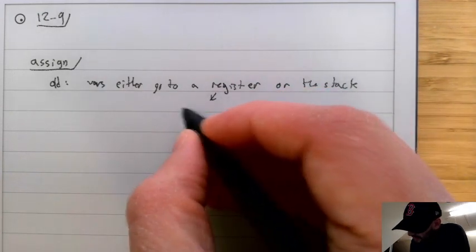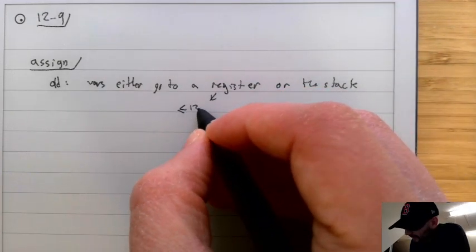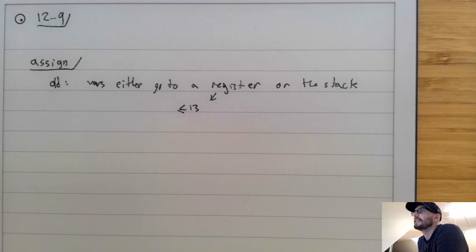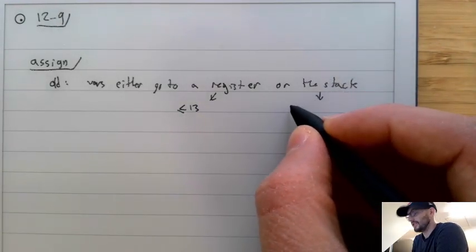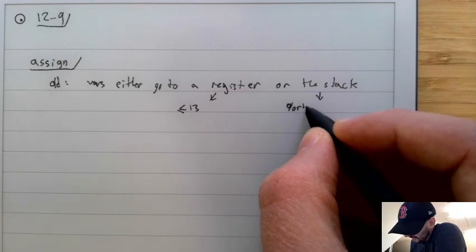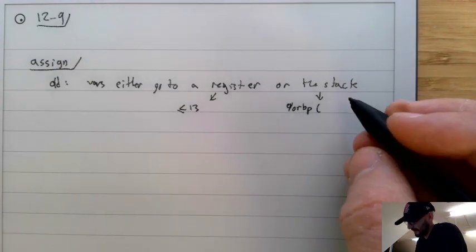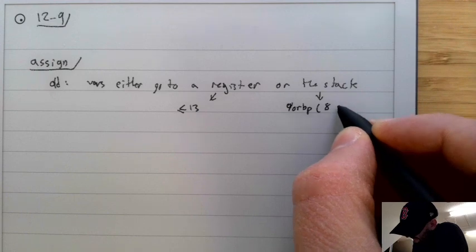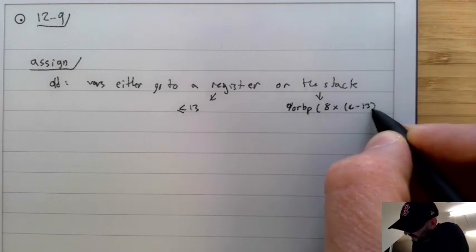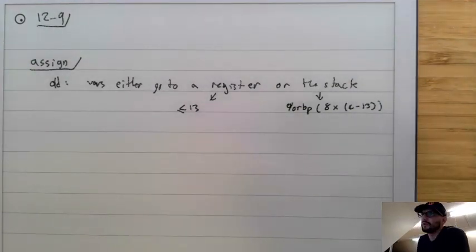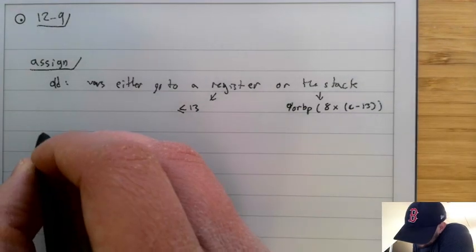If they're a register, that means their color was less than 13. And if they were more than 13, then they would turn into RBP, and then we would put in 8 times whatever the color was minus 13 or something like that. Okay, that's the old rule. Here's the new rule.